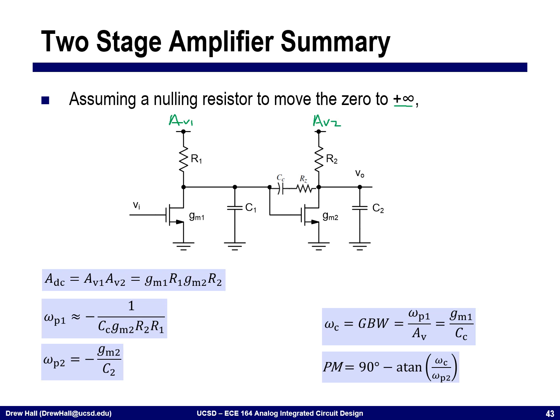The poles in the circuit are a pole at the input due to the Miller multiplication of CC, and a pole at the output due to diode connection of CC. The unity gain frequency, or the gain bandwidth of this amplifier, is omega P1 times AV. I'm making this the dominant pole. This is going to be the non-dominant pole.